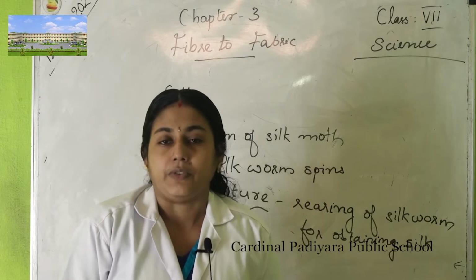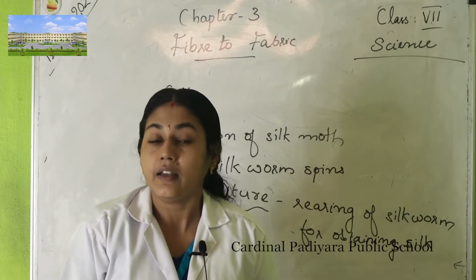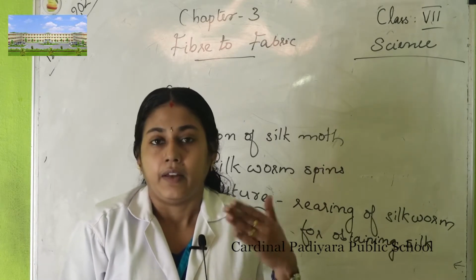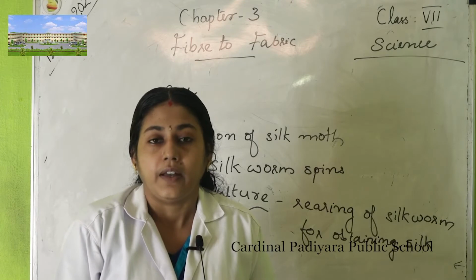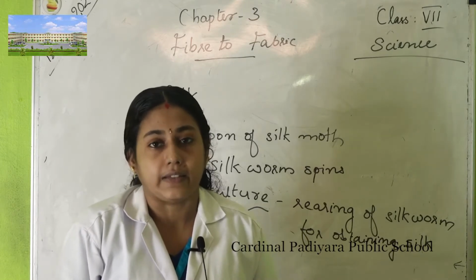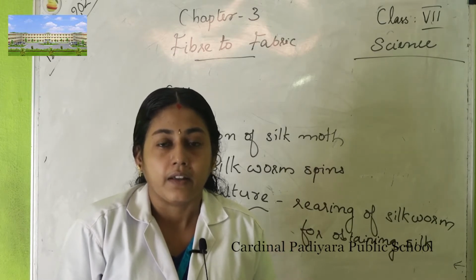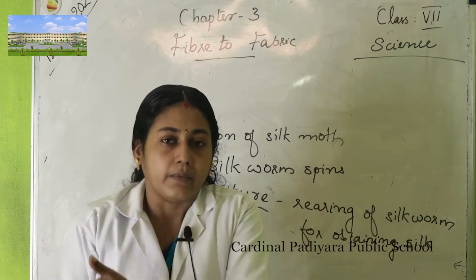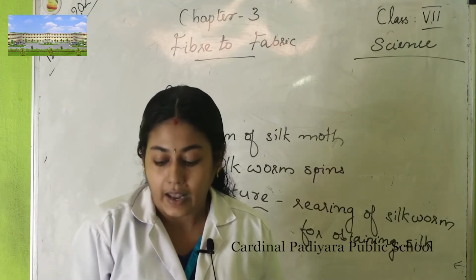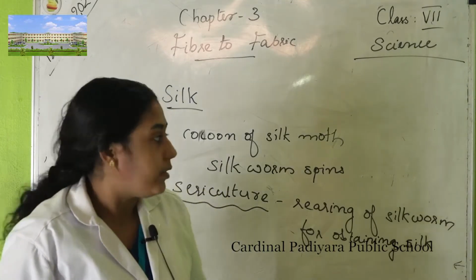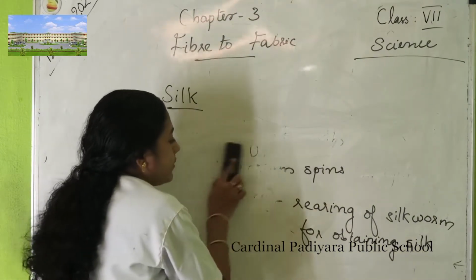Next we have to study the life history of the silk moth. The life of the silk moth contains various stages, starting from its egg. Let us know the stages in the life cycle of the silk moth.